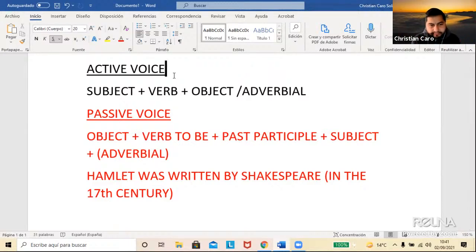We got the subject, which can be a personal pronoun or nouns in general phrases, which can be the subject or doers of the action, plus the verb, which is normally the main verb conjugated in any tense, and plus an object or an adverbial phrase.